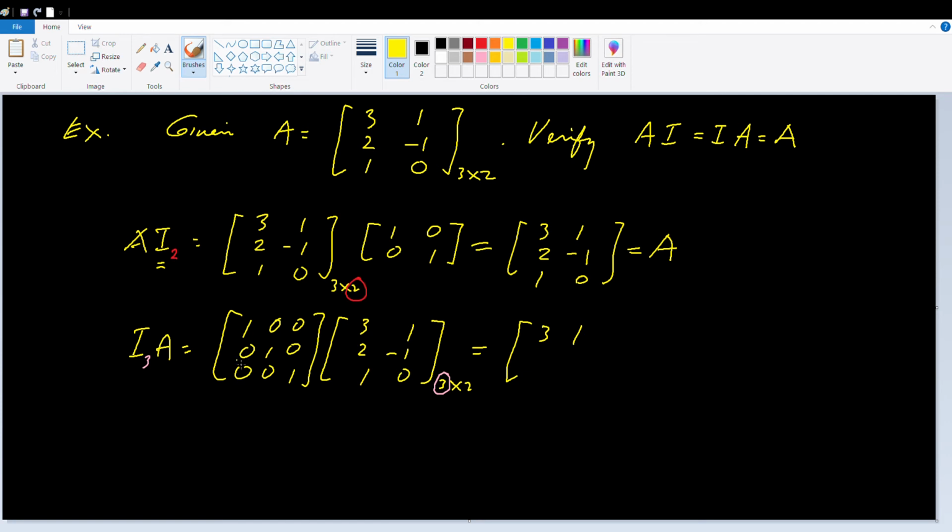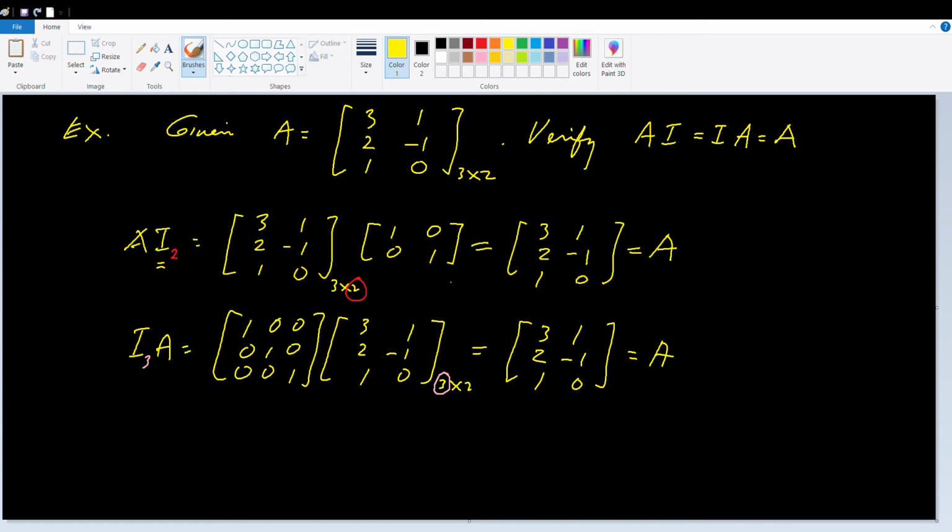Next, second row of I, 0, 1, 0 multiplied to 3, 2, 1, that will be 2. 0, 1, 0 multiplied to 1, negative 1, 0 is negative 1. And for the last row of the product, it will give us 1, 0. Again, that equals matrix A.